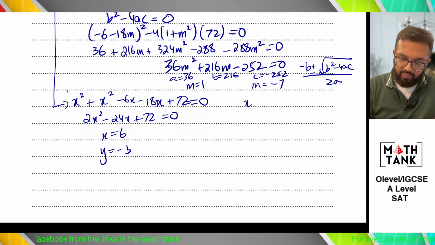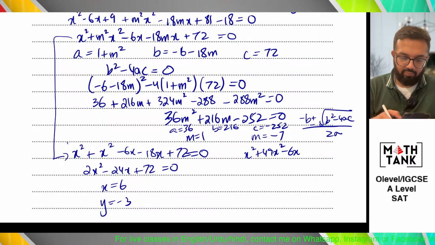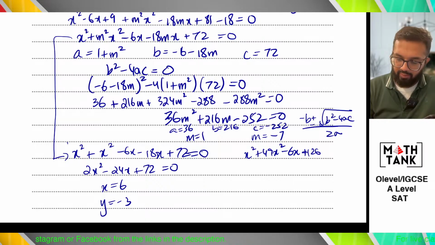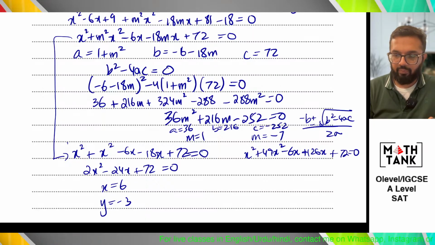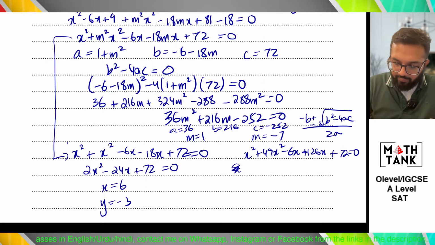For the other equation, I can say it's x squared plus 49x squared minus 6x minus 18 minus 18 into 7, 126, 6x and 72. So 50x squared plus 120x plus 72.